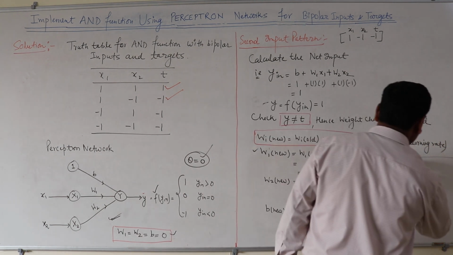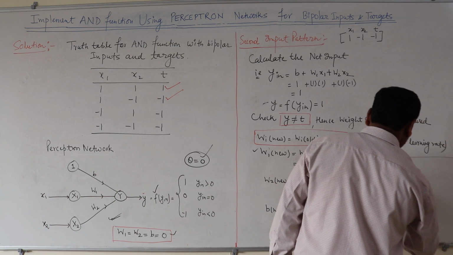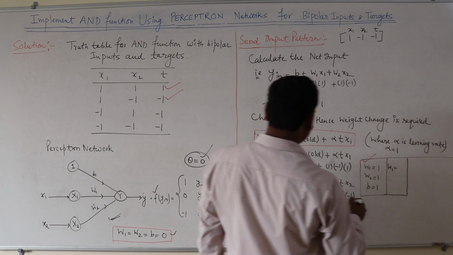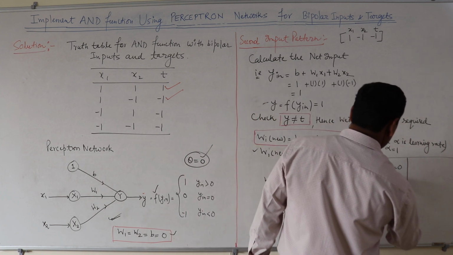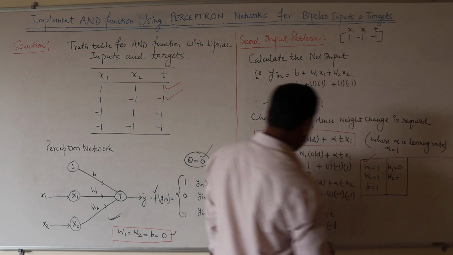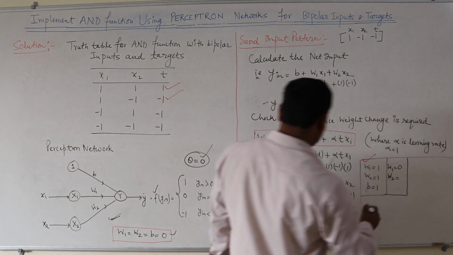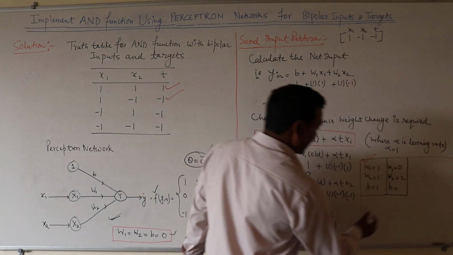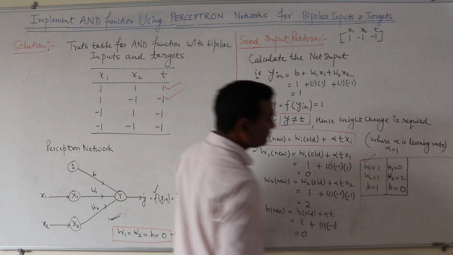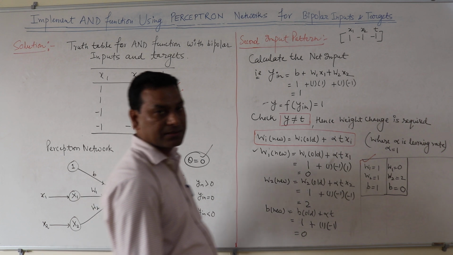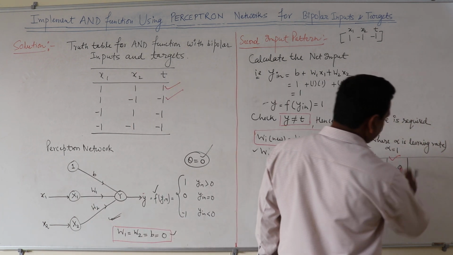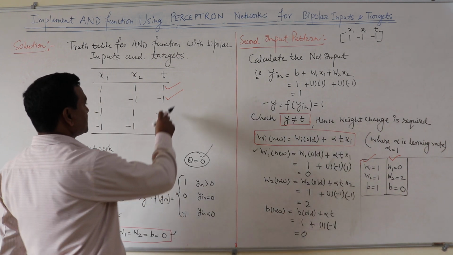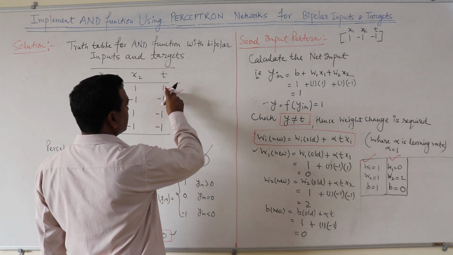So in the second case, W1 equals 0, W2 equals 2, and B equals 0. These are the final weights after the second input pattern. So these two input patterns are completed.